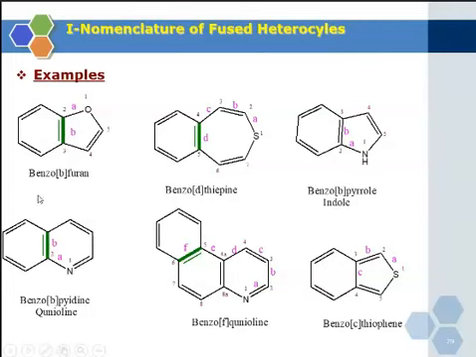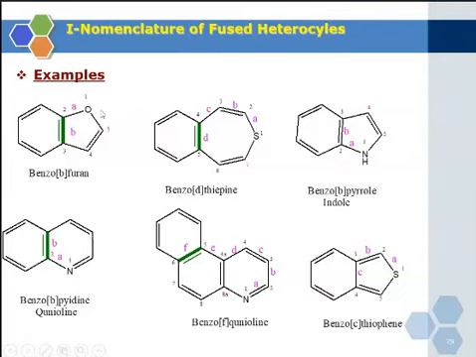Here we can see a benzene ring fused with furan, and they are fused along the B face of furan. The heteroatom-bearing ring is furan here.